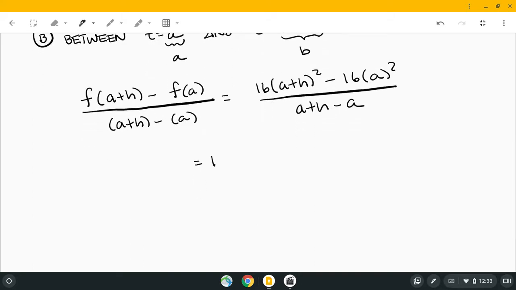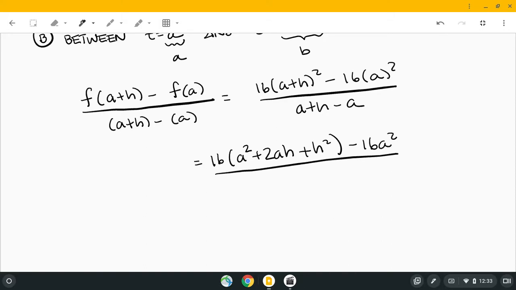And then here we get 16 times the square of a binomial. So that's going to be a squared plus 2ah plus h squared, minus 16a squared, all over. Over here, the a's will cancel out. So I'm left with h.